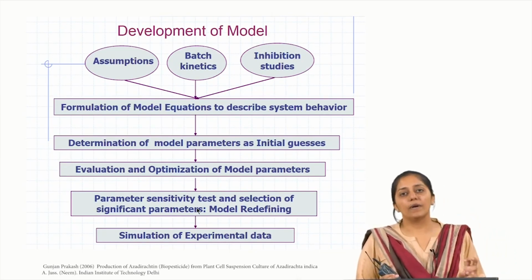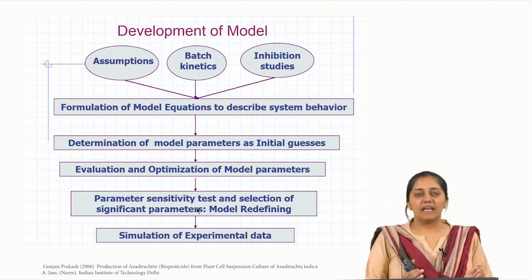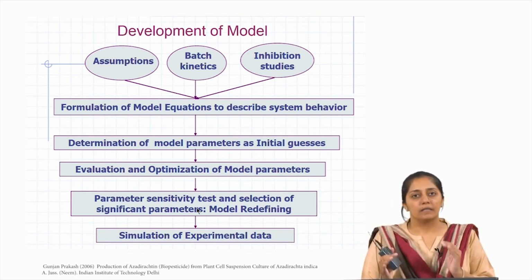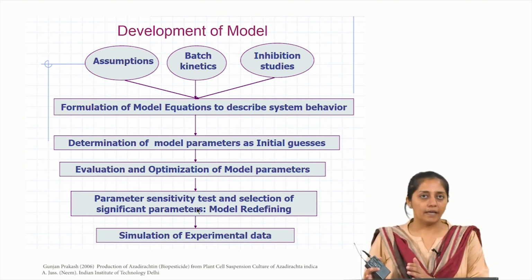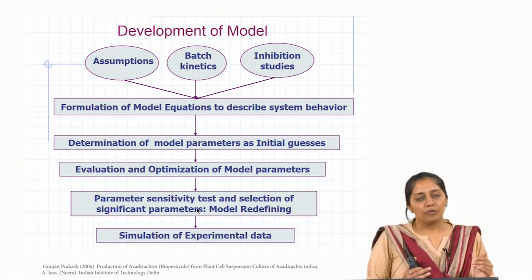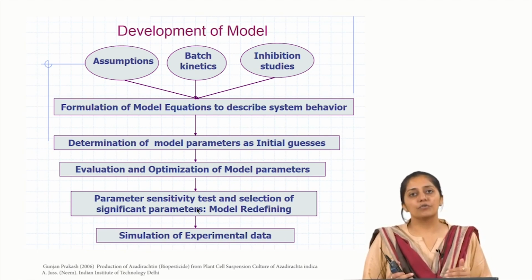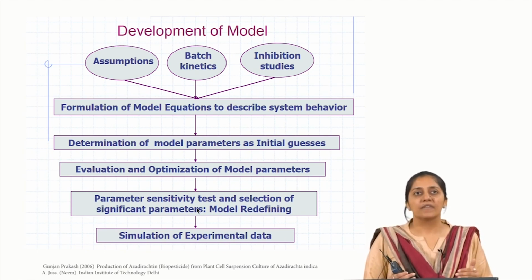So, what they did while developing the model, they began with certain assumptions. They had the batch kinetic data and the inhibition data in batch. Then they formulated the model equations to describe the system behavior, and determined the model parameters based on initial guesses.